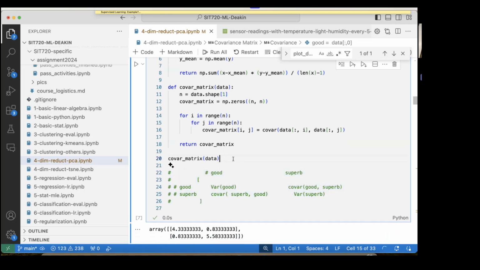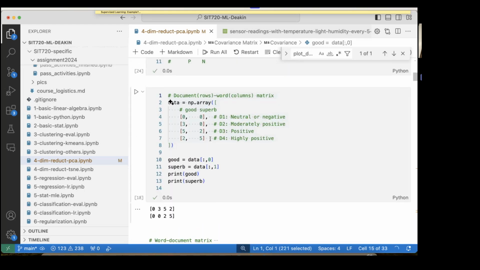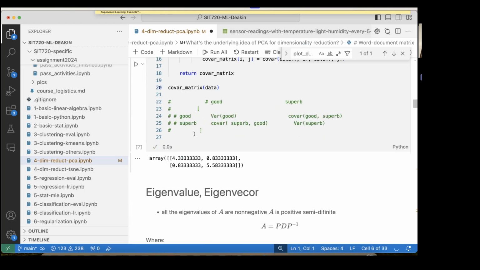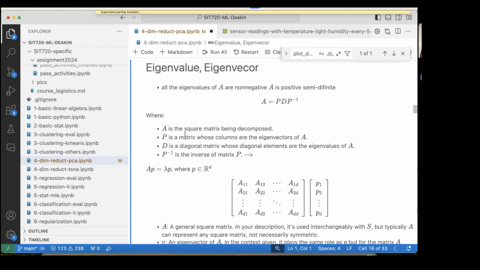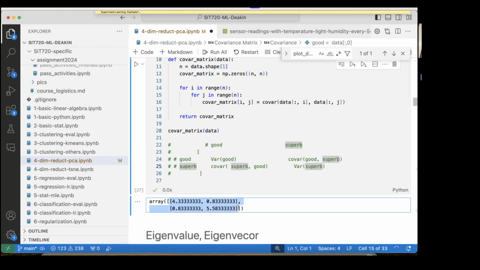So if you calculate the covariance matrix on this good and super data set, where is the good and super data set? Here, let me define it. So let me calculate the covariance. These four values will capture the whole spread of the data.